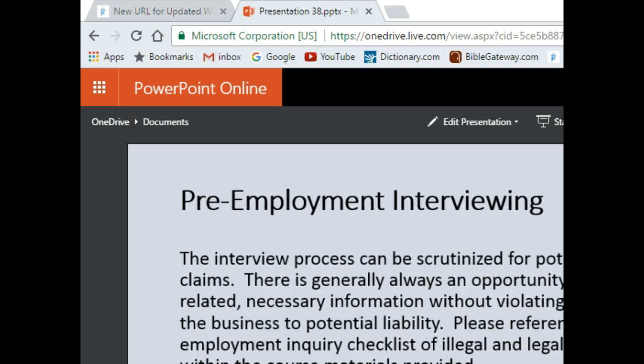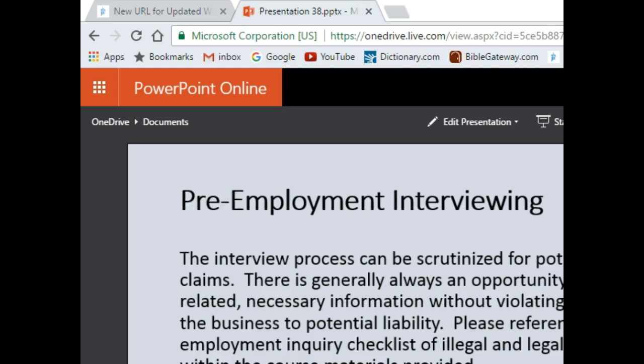So the interview process can be scrutinized for potential discrimination claims. There is generally always an opportunity to solicit business-related necessary information without violating the law or exposing the business to potential liability. Please reference the pre-employment inquiry checklist of illegal and legal hiring inquiries found within the course materials that are provided.